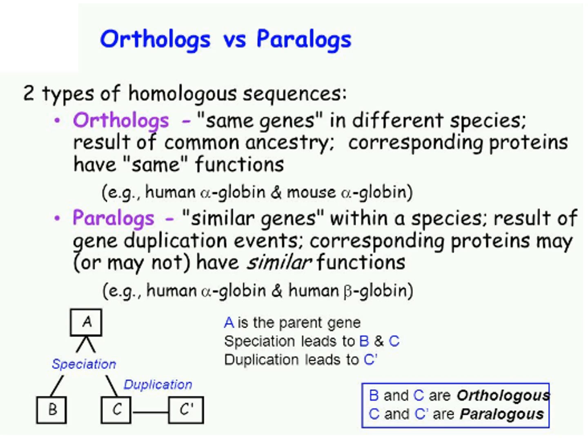And this is the reason I gave you an example of human alpha globin and human beta globin over here. So therefore, B and C are termed as orthologs, whereas C and C dash are termed as paralogs. I hope that has given you a good idea to get an understanding about the homology.